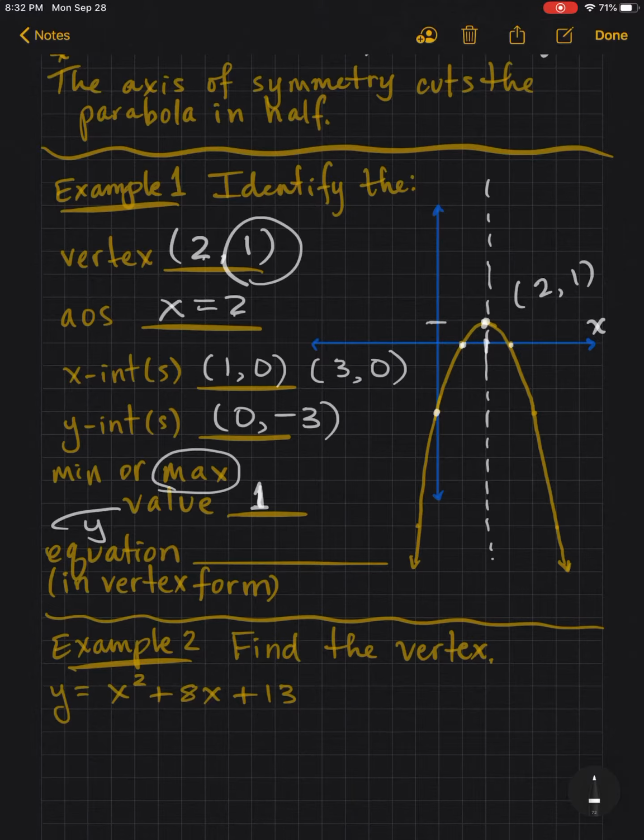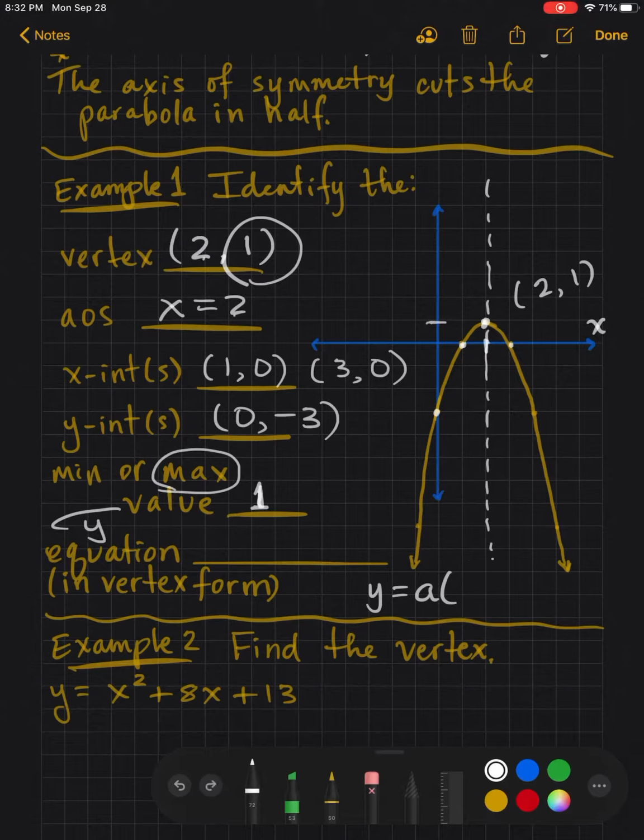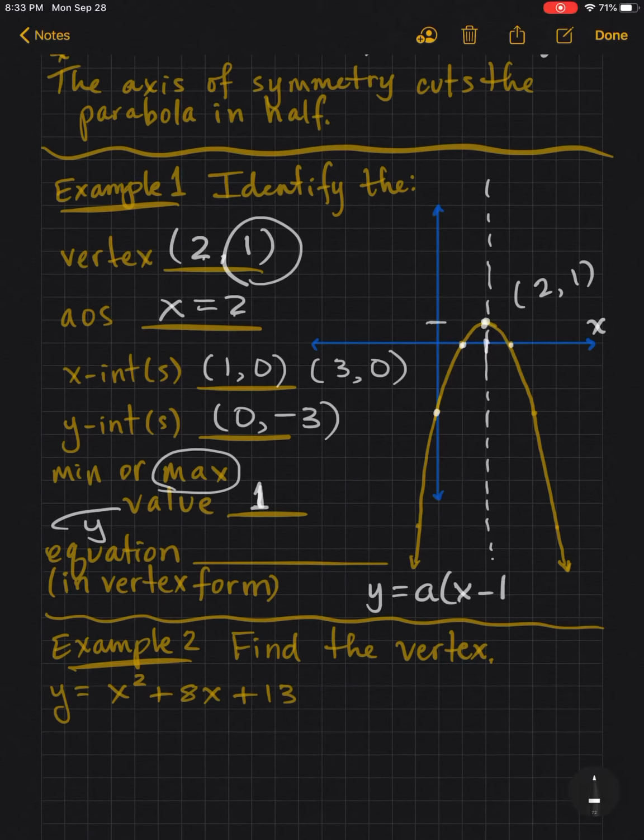Now, let's write the equation in vertex form. Well, let's recall that vertex form is y equals a times the quantity x minus h squared plus k.